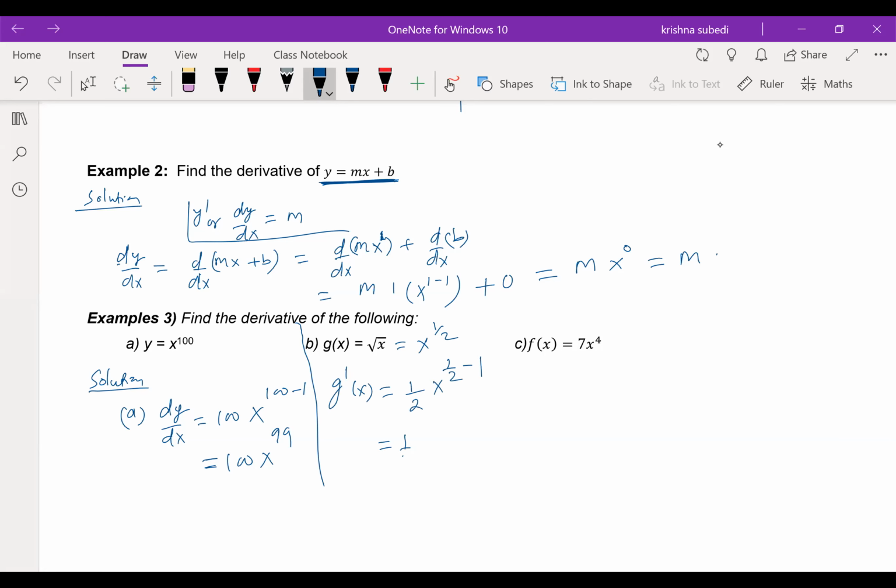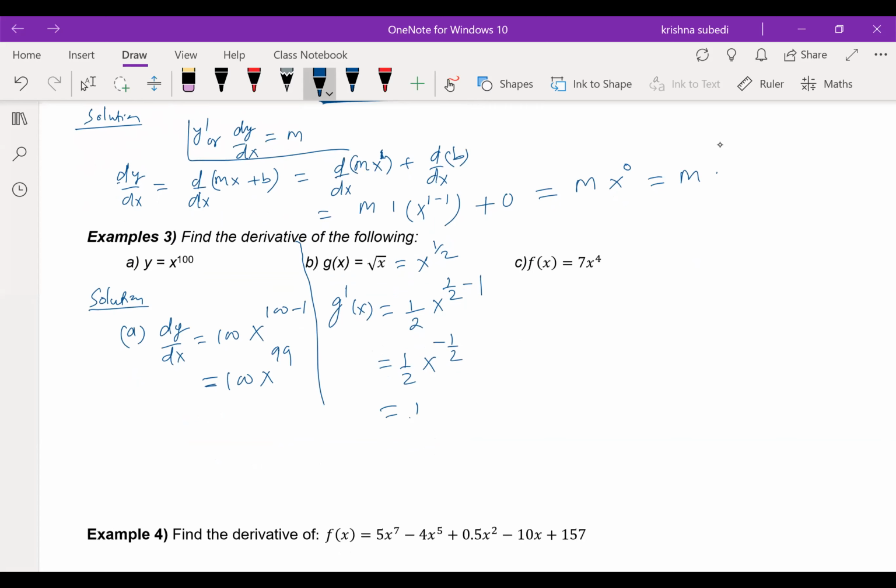So that's going to give me half x power, half minus 1 is actually negative half. This power is negative. You may want to bring it down. Recall from your high school algebra, when the power is negative and you bring that to the bottom, it will be positive x power half, which means square root x. So what we got here is 1 over 2 root x.